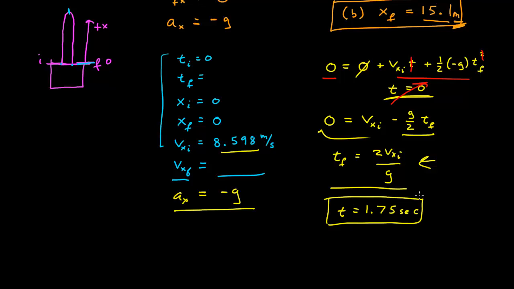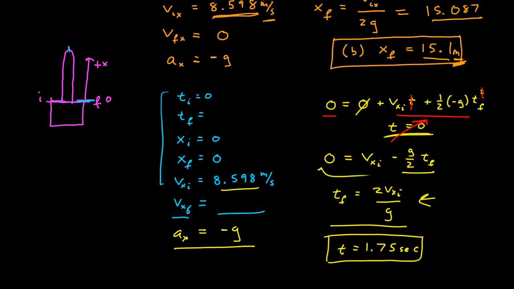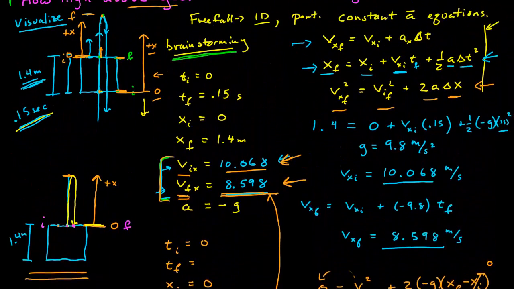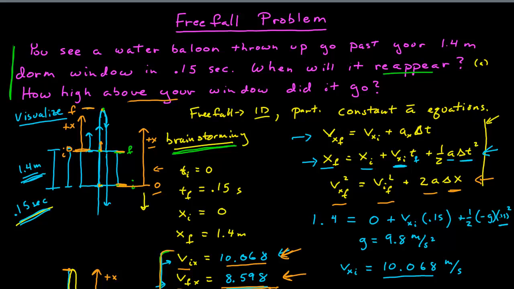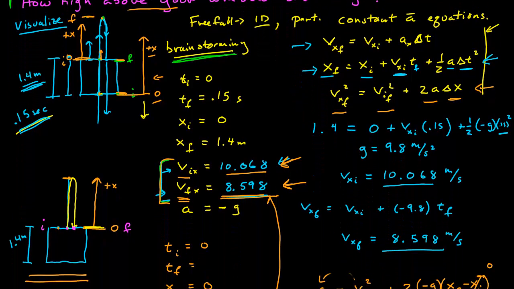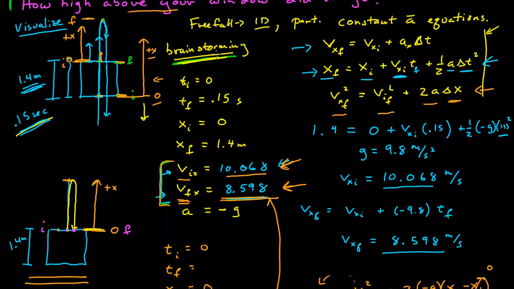Okay. So this is the type of problem where when you first read it, and this is part A, it's not exactly obvious how to solve it. And so this is where you need a strategy that will take you somewhere, that will get you further into the problem until you get to the point where you can see how to solve it, which is why the brainstorming part of problem solving is so important. And so we used the brainstorming, started with what we knew, to be able to extract more information.